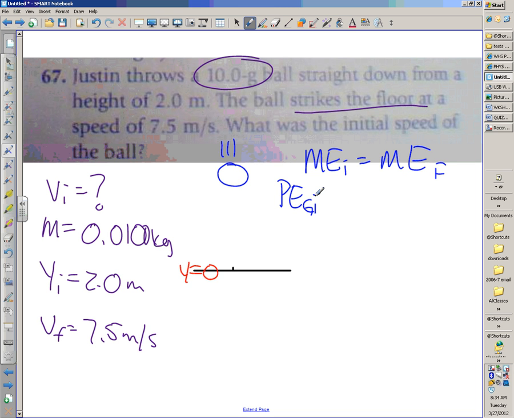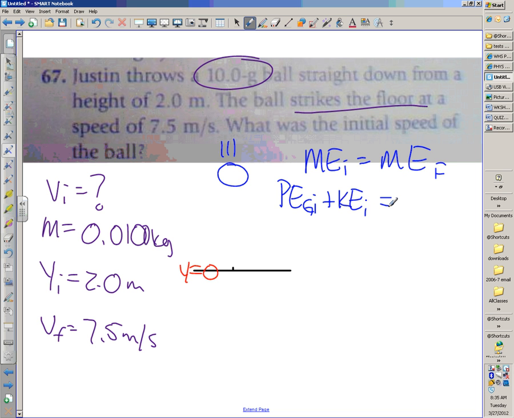Yes, but more importantly, from an energy standpoint, it's already moving. So at the beginning of this problem, it has gravitational potential energy because it's not at the reference point. But what else will it have? It will also have kinetic energy. On the very first day of doing energy stuff, we discussed it can have gravitational potential and kinetic energy at the same time if it's moving and it's not at the reference point.